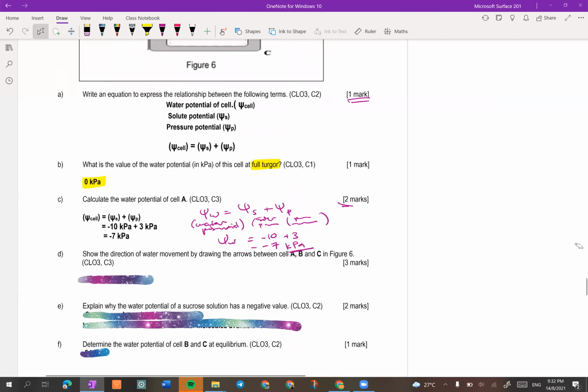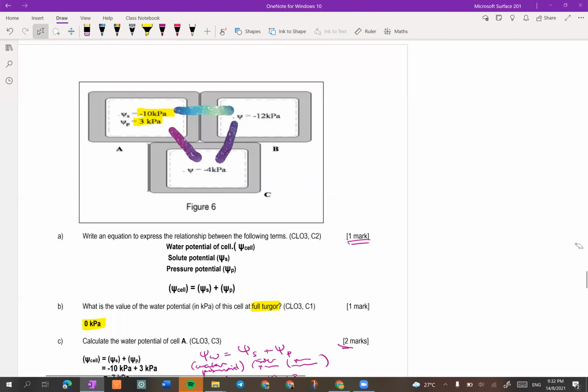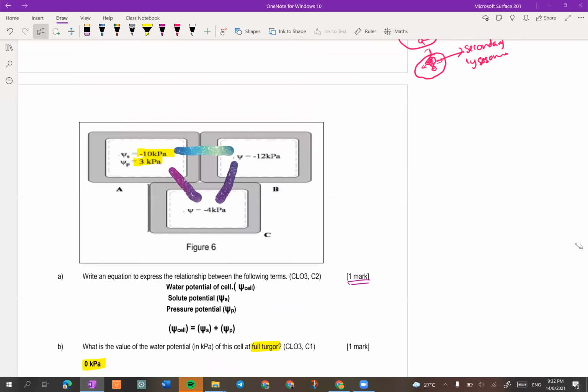Okay. Show the direction of water movement by drawing the arrow between A, B, and C. To be able to do that, you need to calculate all of them. Here you already got -7 kilopascal earlier. You don't have to calculate the outer ones because they didn't ask. You have to calculate this one. This one, oh, you don't need to calculate, they give it directly. So this is -12, this one is -4. So this cell interacts with this cell. These cells interact together. So we need to know where the water will go from and to.